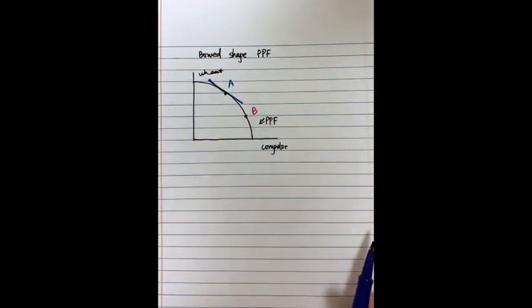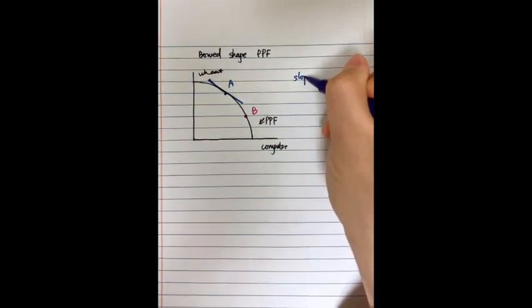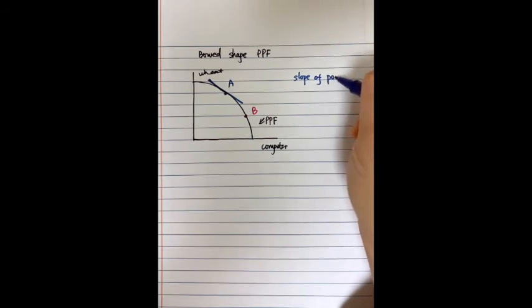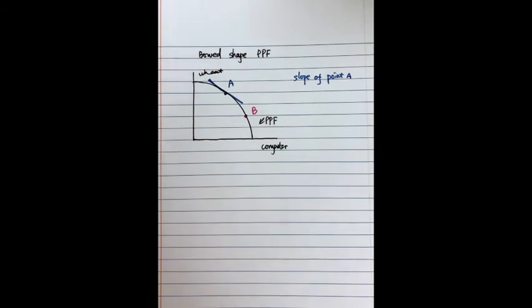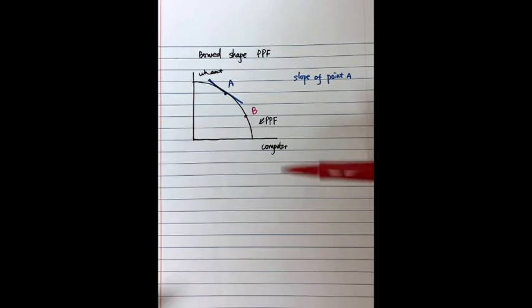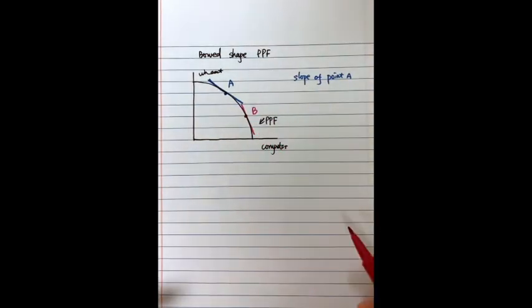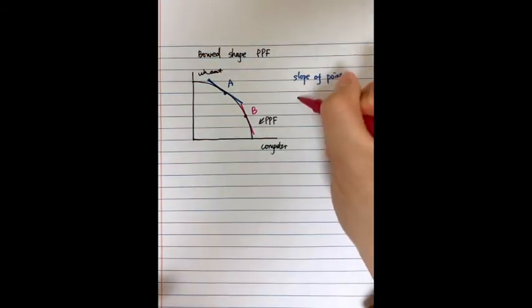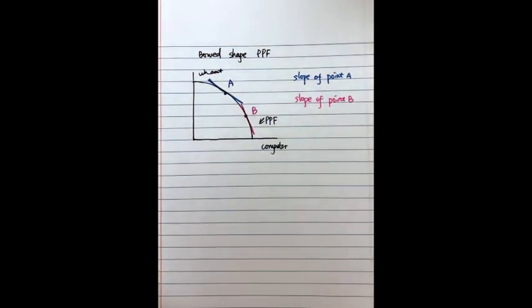And we can get a slope for point A, right? And for point B, we can also draw another tangent line across this point, okay? So we have the slope of point B. Comparing these 2 tangent lines, can you tell me which one is steeper?